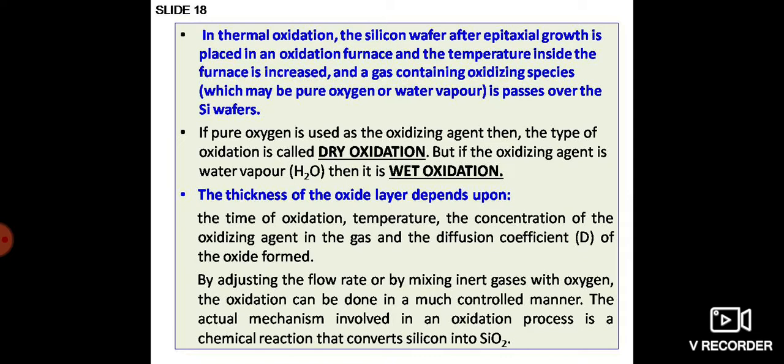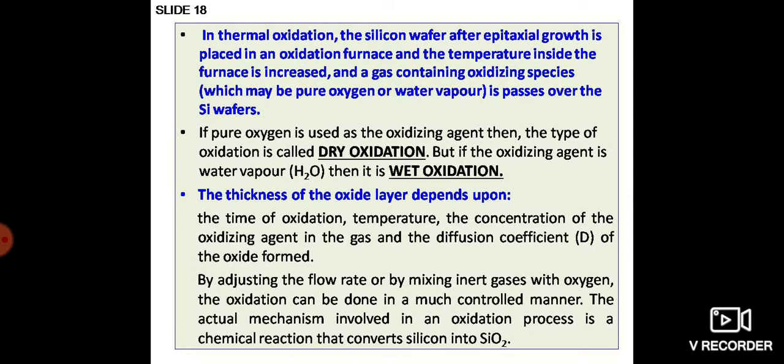The third point, and you should know it, is the thickness of the oxide layer. The thickness of the oxide layer is not a fixed one, though it should be kept very thin. However, one may vary the thickness. Now, how can we vary the thickness of the oxide layer?